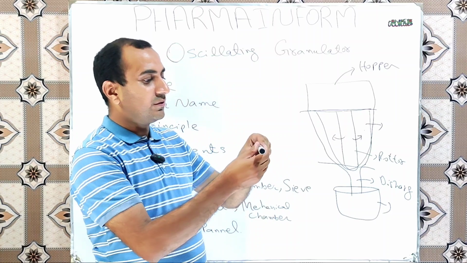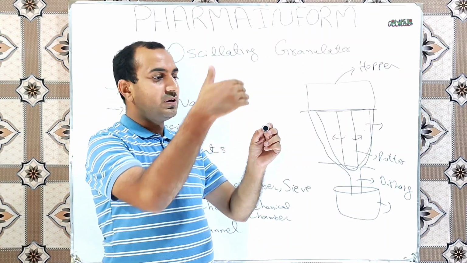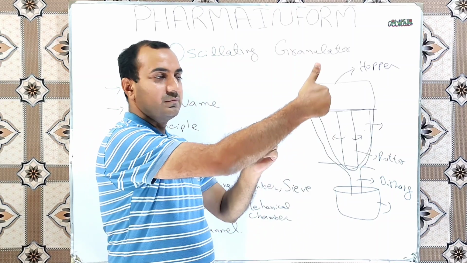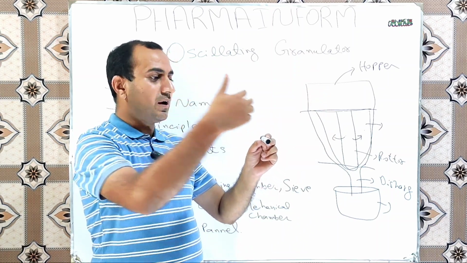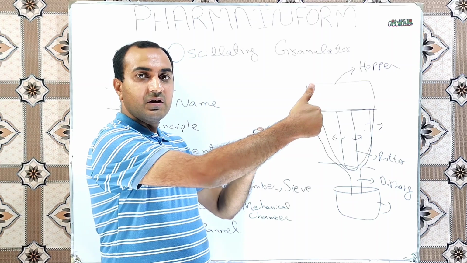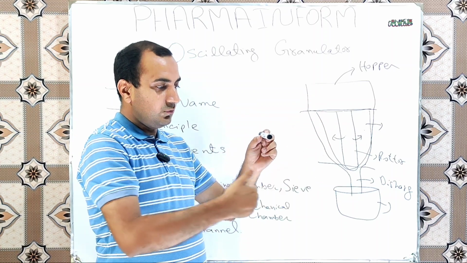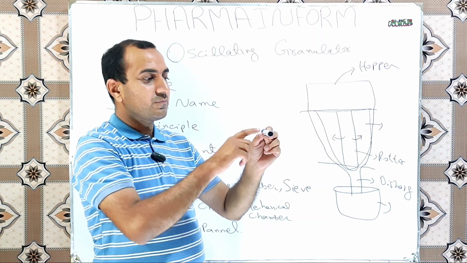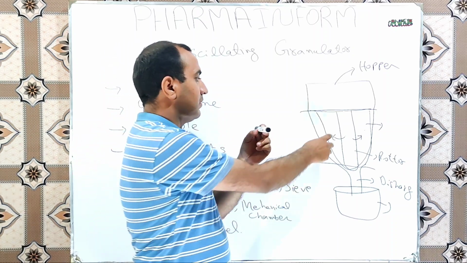Meaning, if our rotor is in this position, we install a sieve in this half moon pattern, meaning our sieve covers the area from here to here in the milling chamber.